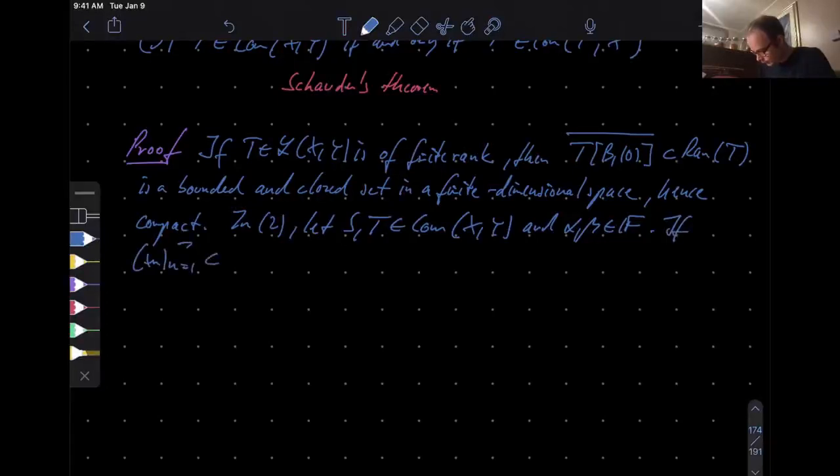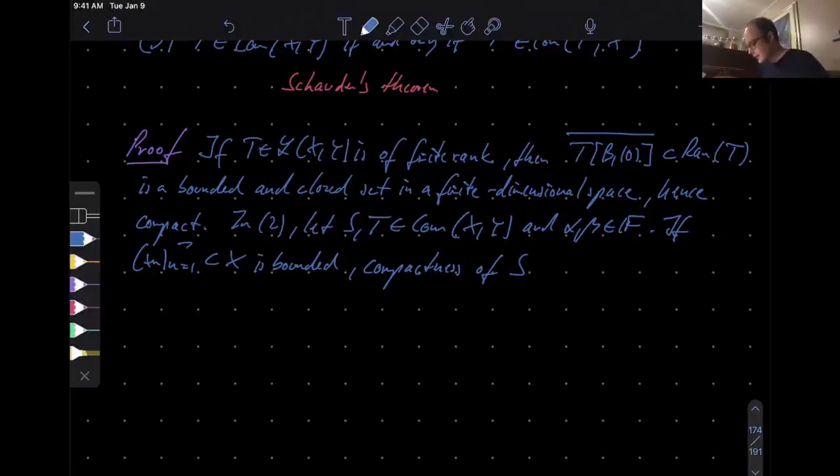If x_n is bounded, an arbitrary bounded sequence, compactness of S. Remember, S being a compact thing, it maps bounded things into sequentially compact things.